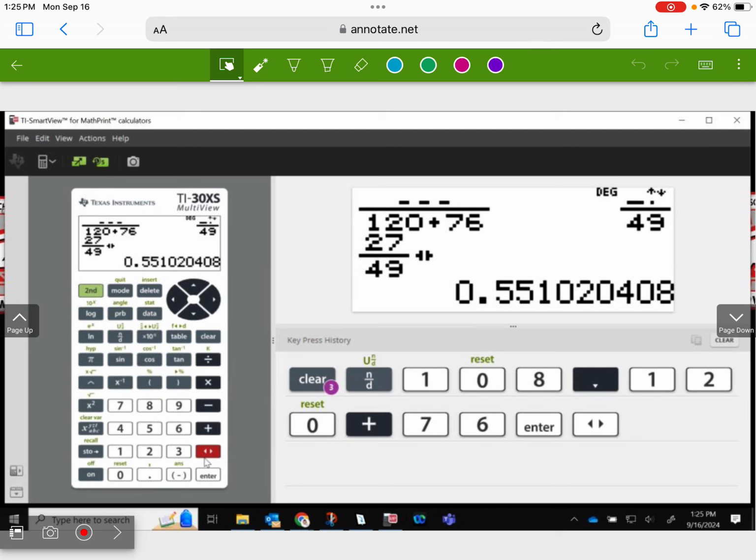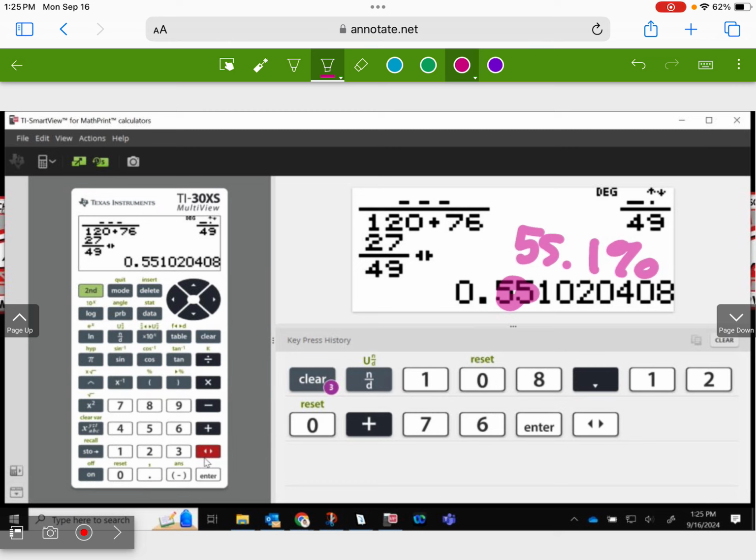So is this below 55% or above 55%? It's above. This is 55.1%.